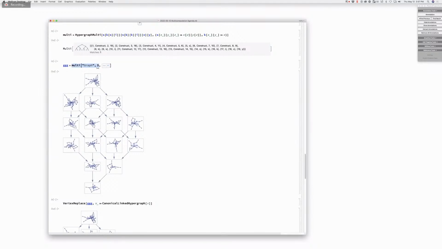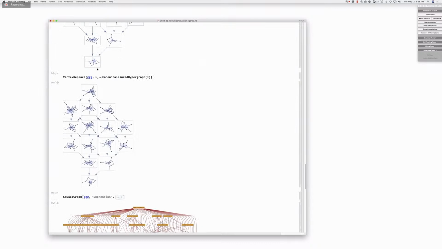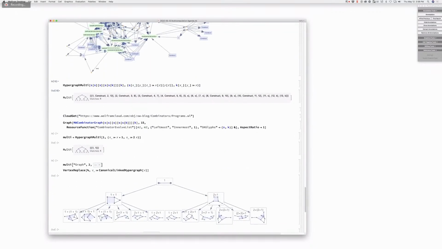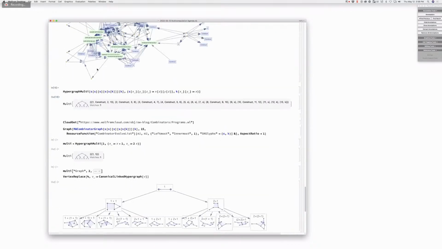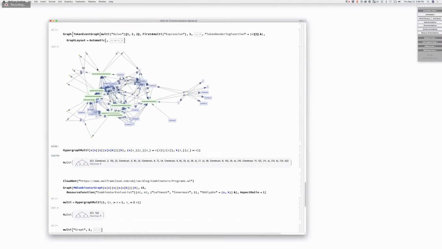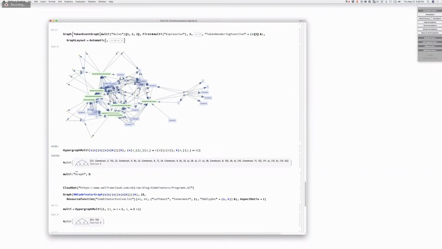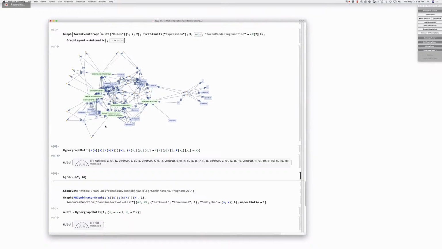Just a vertex shape function. Okay, maybe I'm going to do it without a vertex shape function just to understand what it does. Why is it taking so long? It can be slow. Okay.